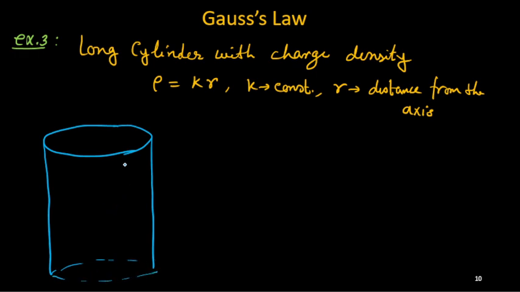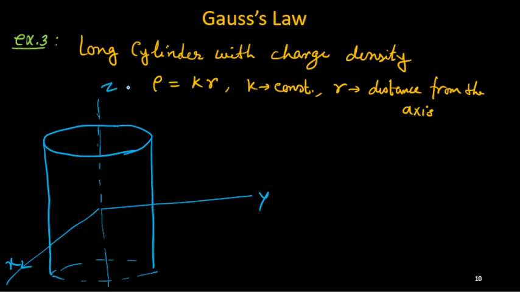Okay, so this is the axis for the cylinder, and if I consider the three axes, this is your x, y and z. Now at distance r, this is your capital R, suppose this cylinder has maximum radius capital R.